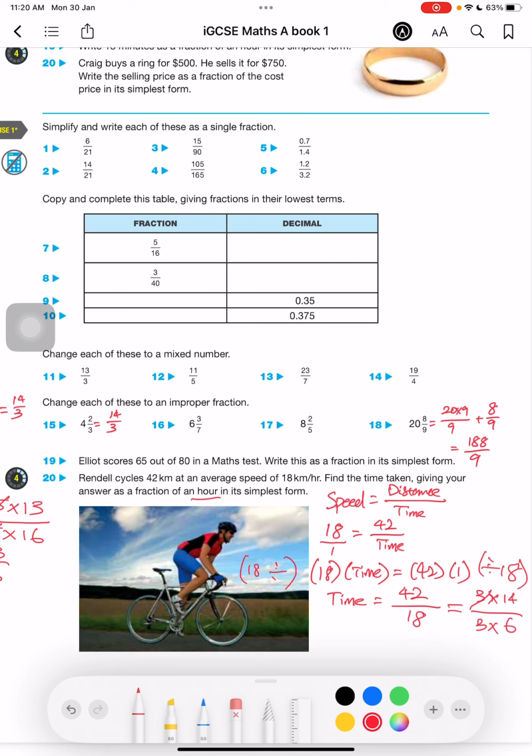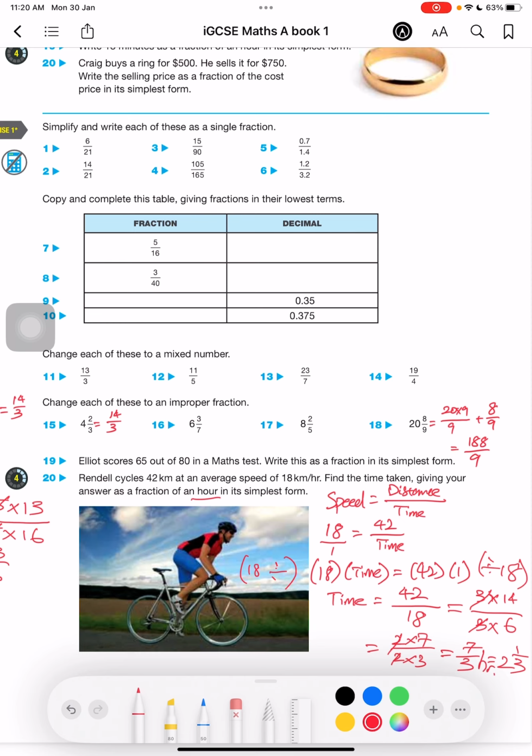You can cancel the 3, and change this to 2 times 7 over 2 times 3, which equals 7 over 3. This is in terms of its fraction, in its simplest form. Of course, you can convert this to a mixed number to give you 2 1/3 hours.